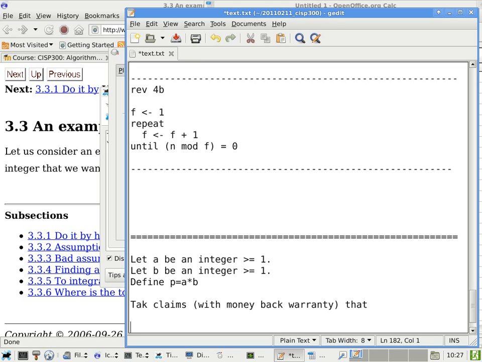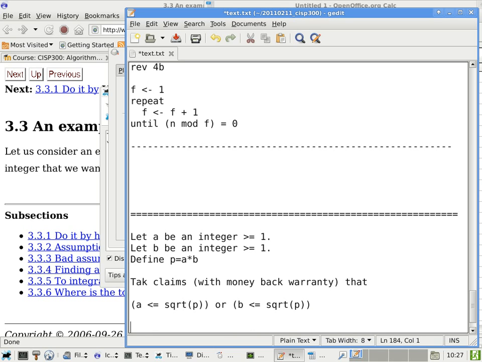Okay, now here comes the big thing. Well, it's actually not too complicated. The claim is: a is less than or equal to the square root of p, or b is less than or equal to the square root of p. That's my claim.